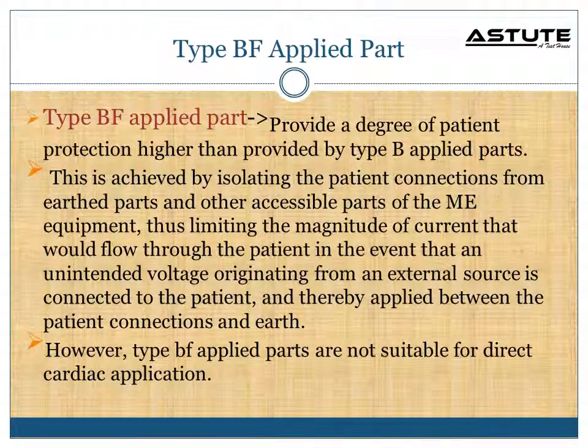An F-type applied part is isolated to such a degree that no current higher than the allowable patient leakage current under a single fault condition flows into it from an application of an external voltage source to the patient. F-type applied parts are classified as BF, meaning non-cardiac floating applied parts, or CF, meaning cardiac floating applied parts.